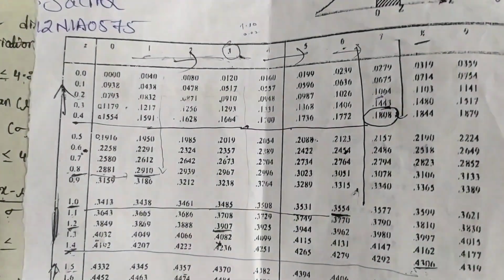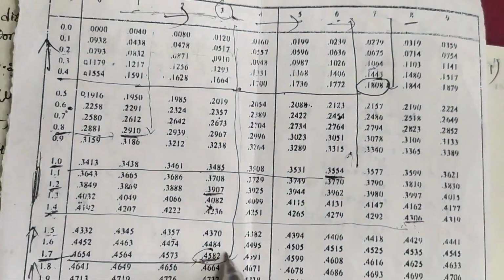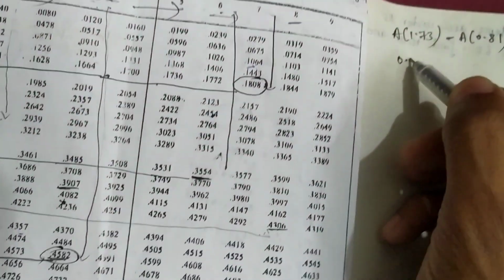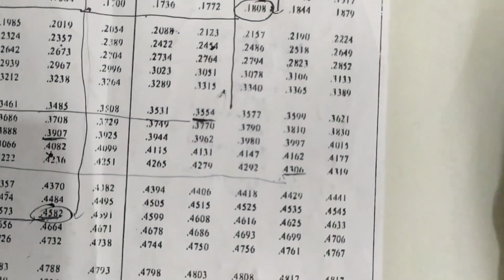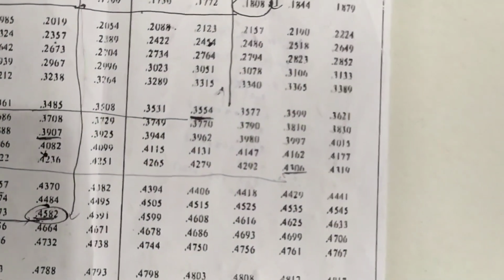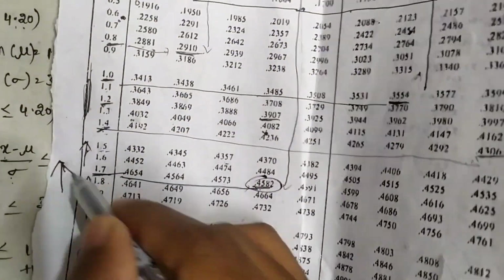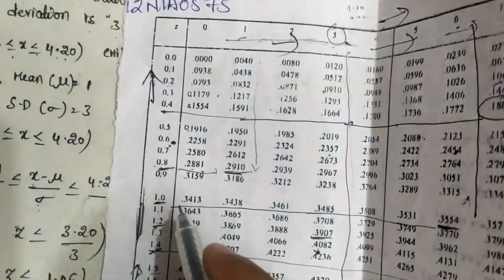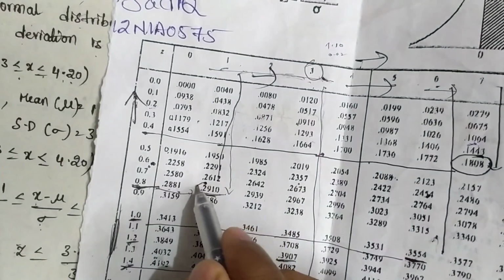With 1.7 and 0.03, we get the intersection value for 1.73 as 0.4582. Minus argument of 0.81, which can be written as 0.8 plus 0.01. The 0.8 we see row-wise and 0.01 we see column-wise. Here 0.8 is here and 0.01 is here. The intersection value is 0.2910.